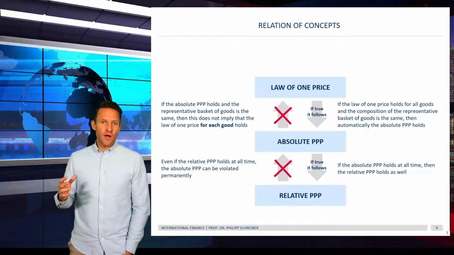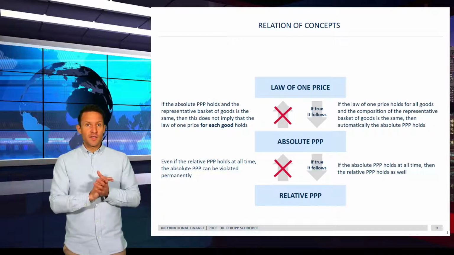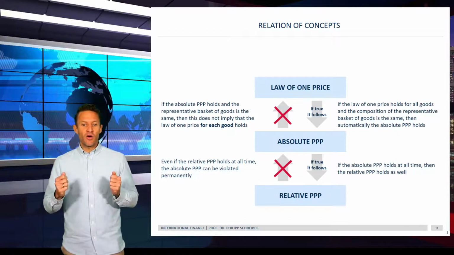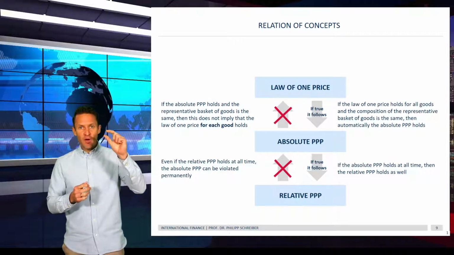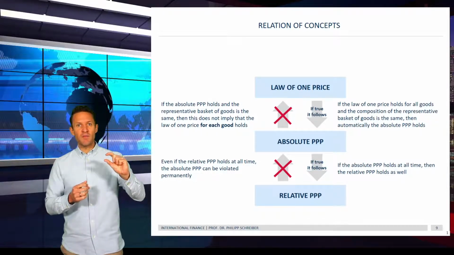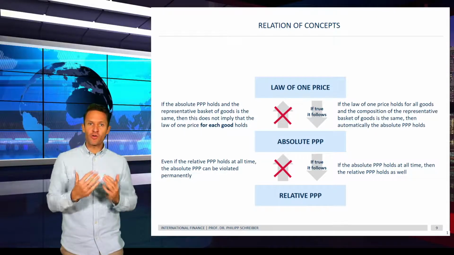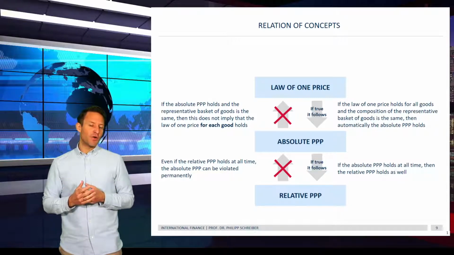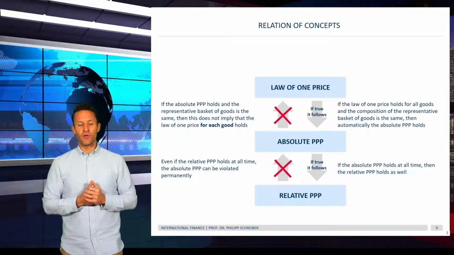So the law of one price is very strict, which means if the law of one price holds, so the strictest rule holds, then also the absolute purchasing power parity holds. Because if the price of every product is the same, then the price of the basket has to be the same. It follows from the law of one price. So the absolute purchasing power parity is also strict, but not as strict as the law of one price.